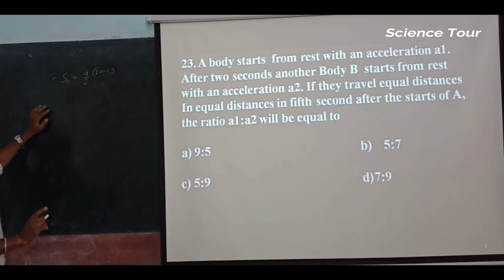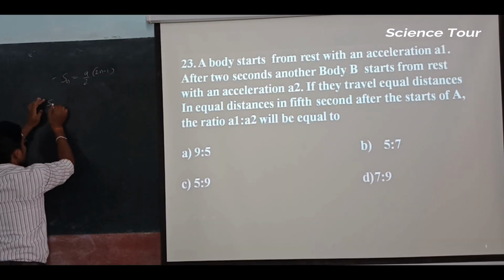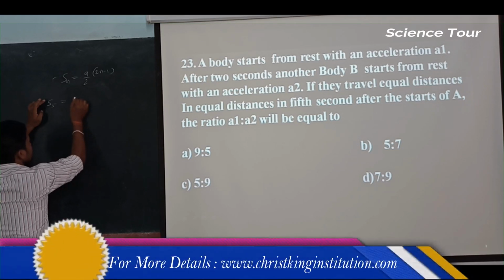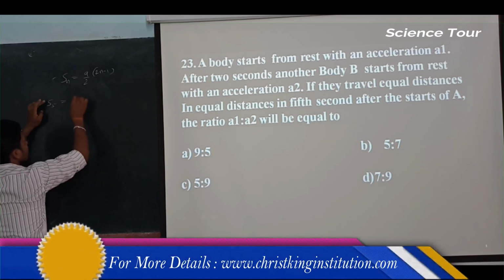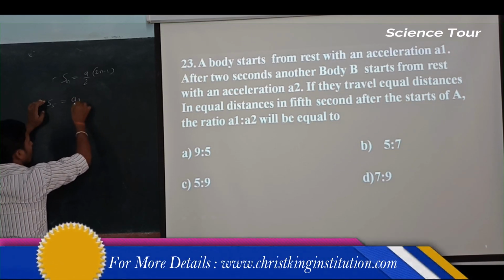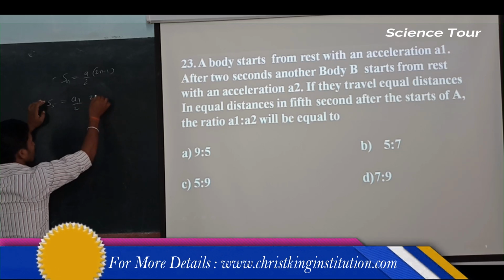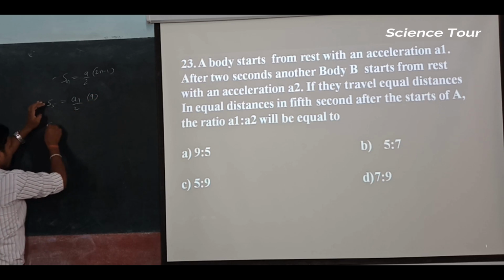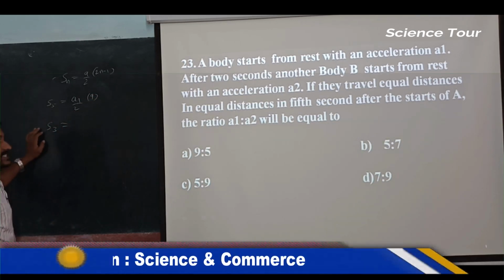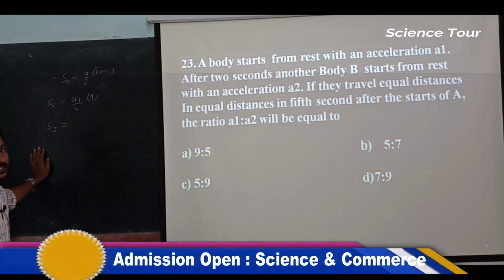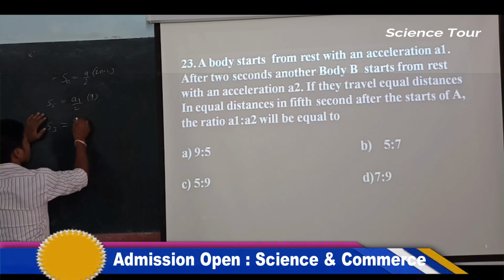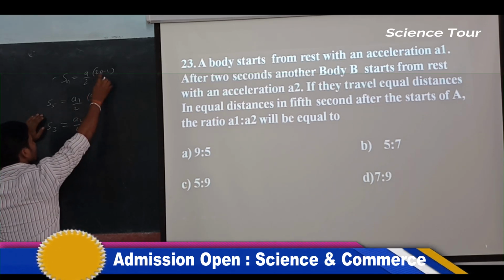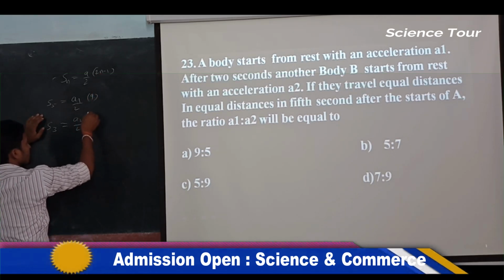For the first one, it is a1 by 2, 2 into 5 is 10 minus 1 is 9. For S3 of the second one, it is a2 by 2, 2 into 3 is 6 minus 1 is 5.